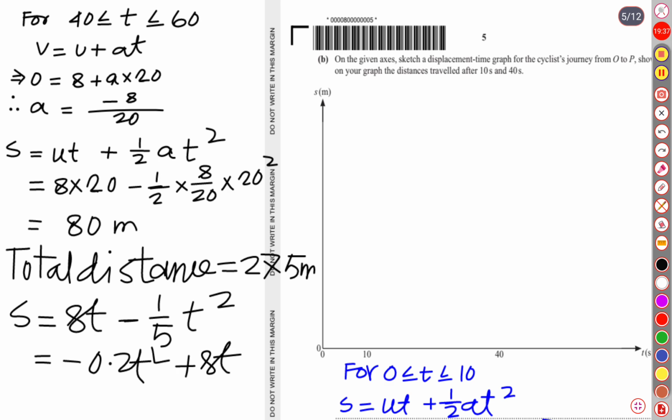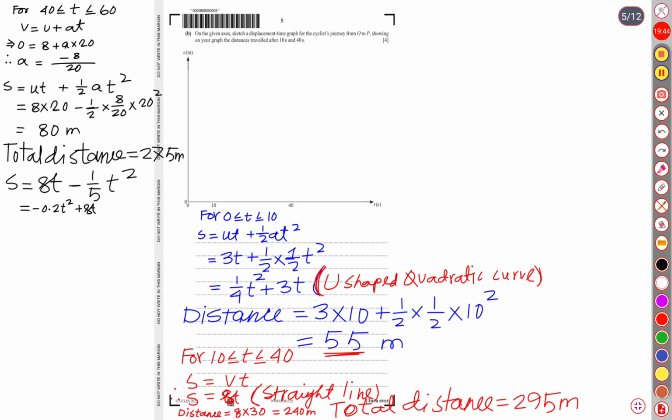Okay, so what will be the shape of this? It is also a quadratic graph, but it is negative. So the shape of the curve is going to be just a negative graph, N-shaped quadratic graph, quadratic curve.